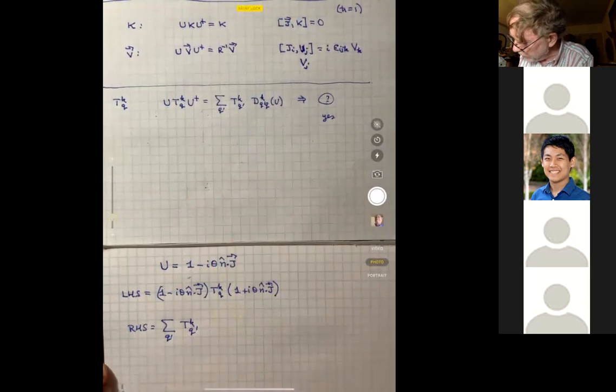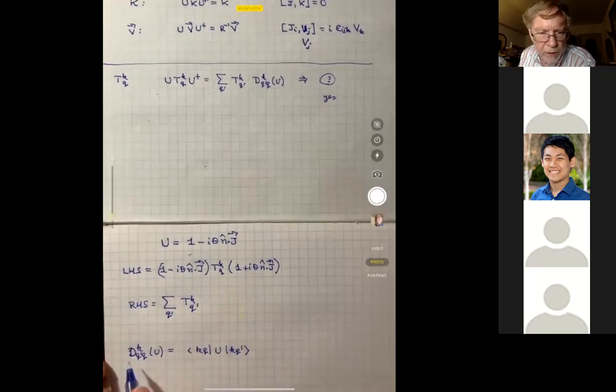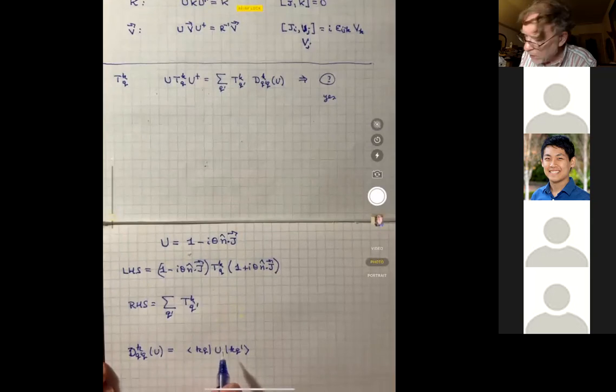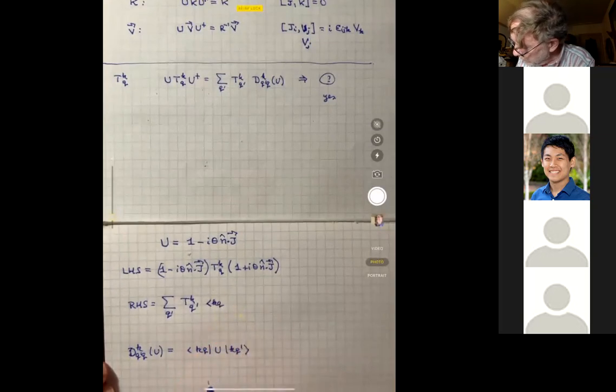Let me make a little digression here. The D^K_{Q'Q} of U, let me write it this way as a scalar product of KQ with U KQ', because the D matrices are the matrix elements of the unitary rotation operators. And so if I use that notation here, then I've got a KQ. This should be, I'm sorry, the primes and unprimes got reversed here.